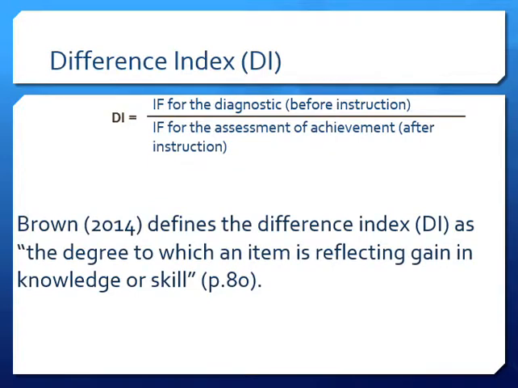The difference index tells us, in other words, from Brown's definition, that the difference index distinguishes the students who have mastered the content from the students who have not mastered the content. Notice that we need to know an item facility to determine a difference index.